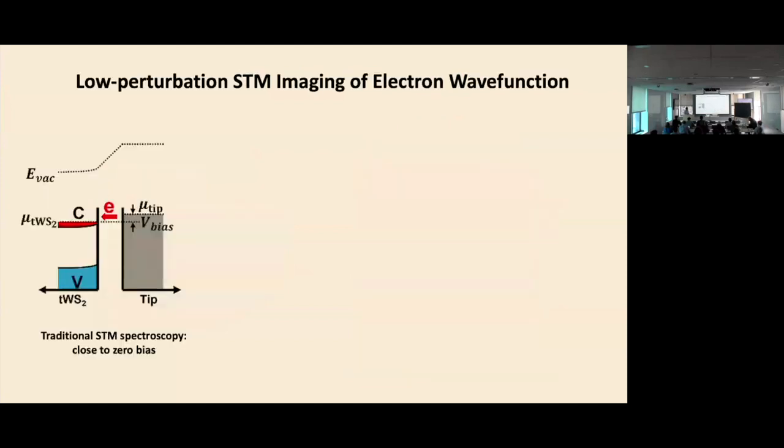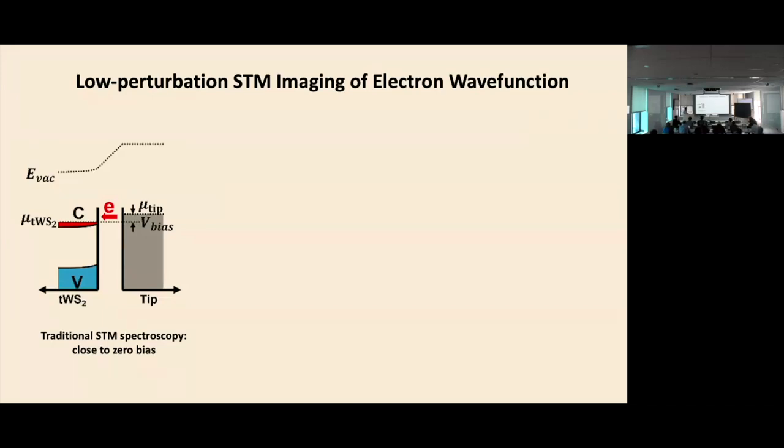Okay, so once we have electrons in it, and if we want to image this kind of electron solid state, there is a subtlety about doing scanning tunneling microscopy that we need to pay attention to. If you want to image, say, the Wigner crystal electron solid, you want to make sure that the tip is probing the electron density but doesn't perturb the system too much.